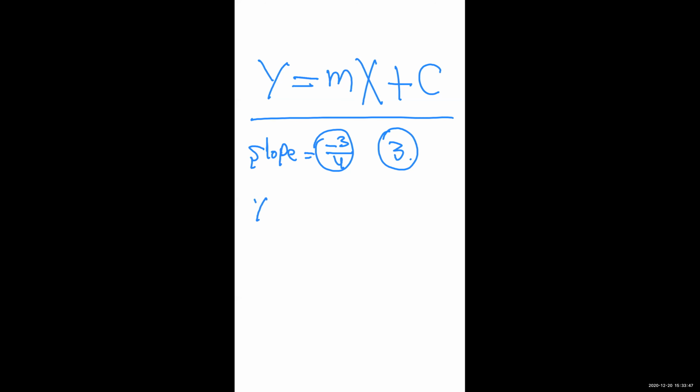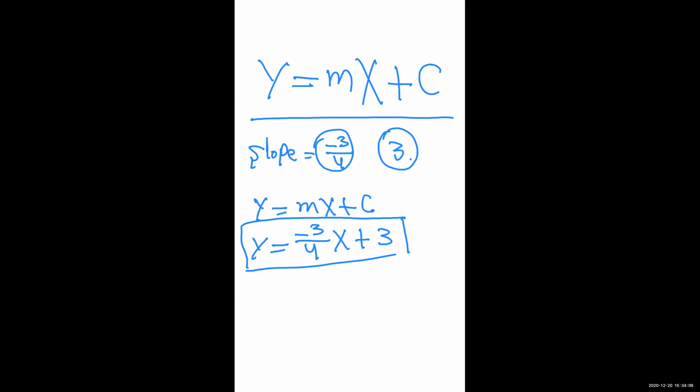We said that y equals mx plus c. So y will equal, the slope is -3/4, it's a given, so -3/4 x, then plus c, which is 3. So simply this is the equation. Right?